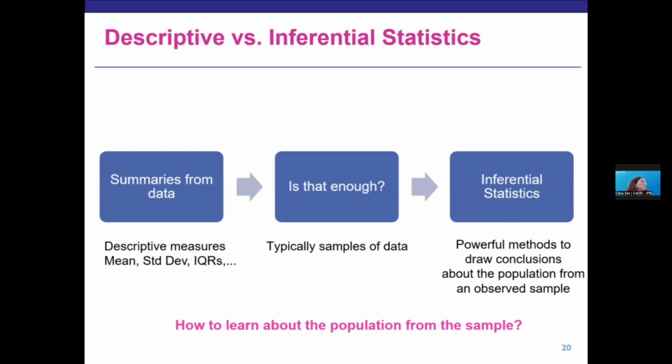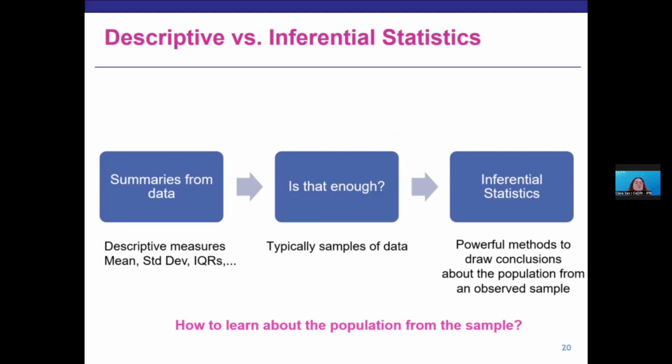When we have samples of this data, we make some analysis, we have some summaries like the mean, like the standard deviation, but it is very important to take into account that these summaries represent samples.